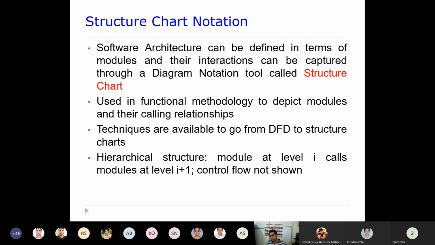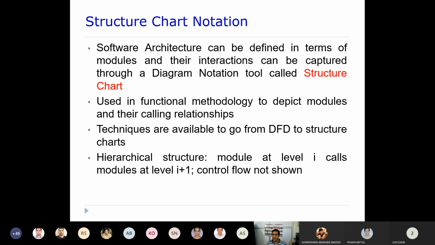Now, this software architecture can be defined in terms of modules, and their interactions can be captured through a diagrammatic notation called a structure chart. So part of software architecture, what you have learned here is that usually software architecture can be defined in terms of modules.